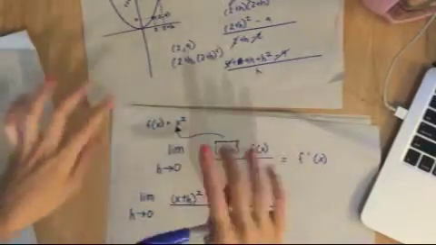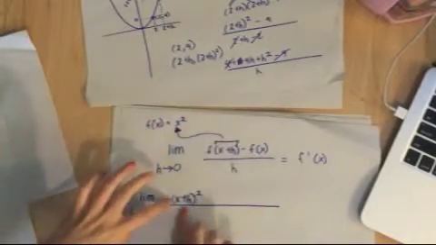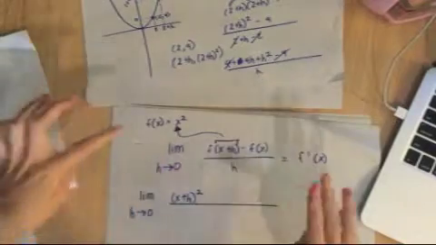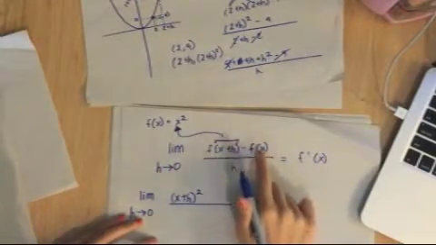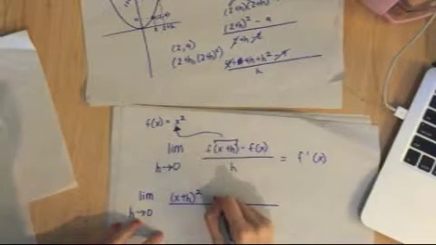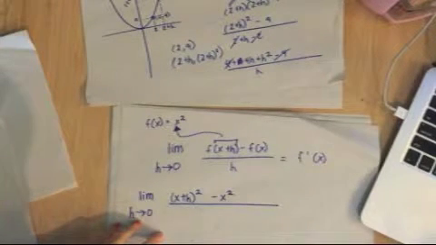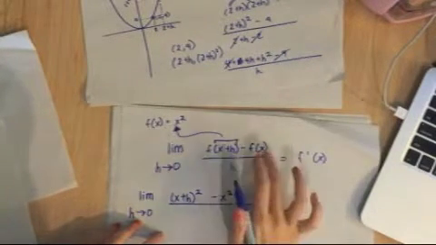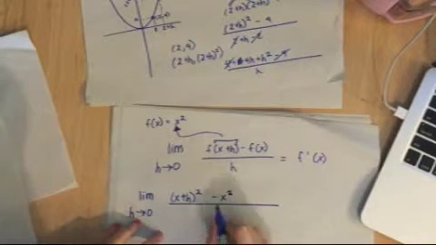So if, for example, it was x to the power of 9, then we would input x plus h to the power of 9. So yeah, simple. And minus f of x, and for this specific problem, f of x equals x squared. So minus x squared, all over h.